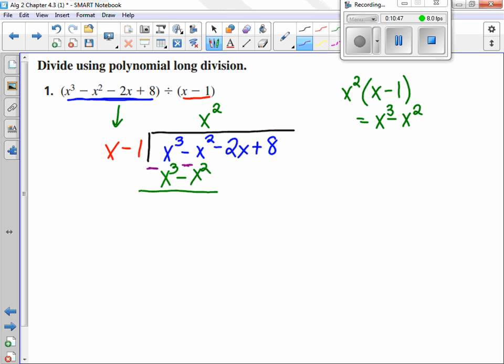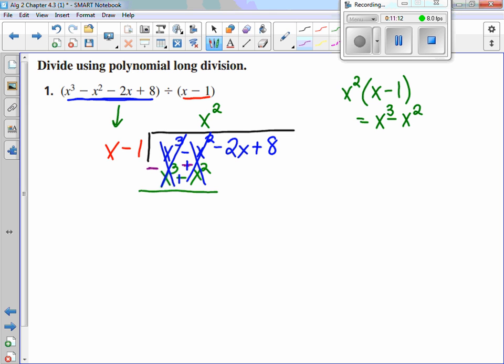And that's what we do next. Now, x cubed minus x cubed cancel. A negative and a negative make a positive. So negative x squared plus x squared is 0. It's not always going to work out that they both cancel, but here it did. Any questions on this so far?